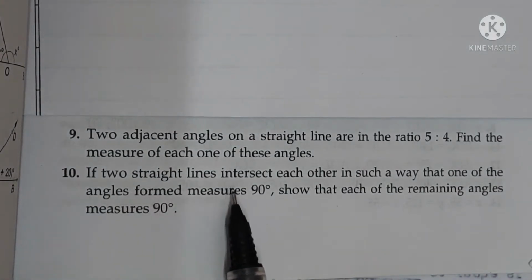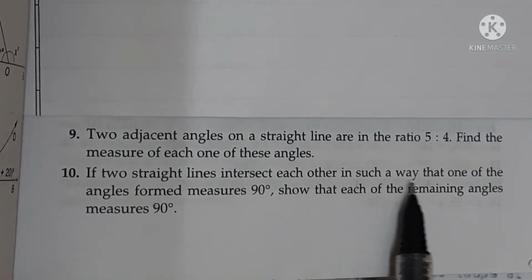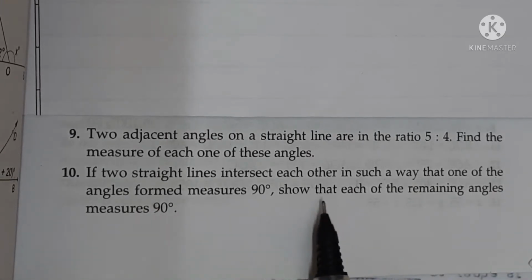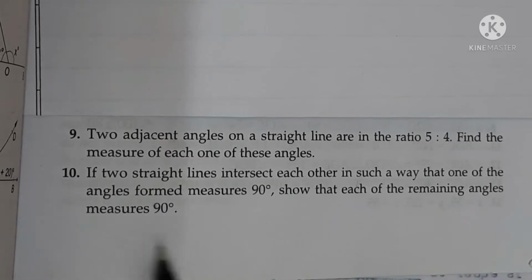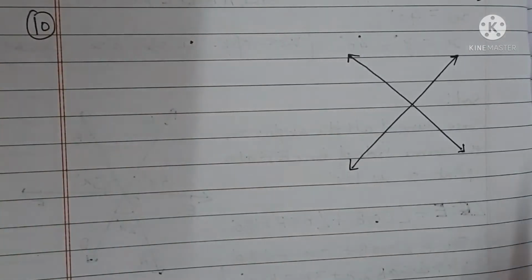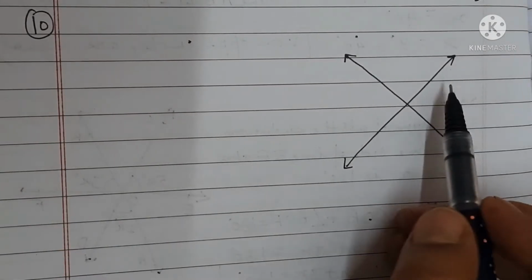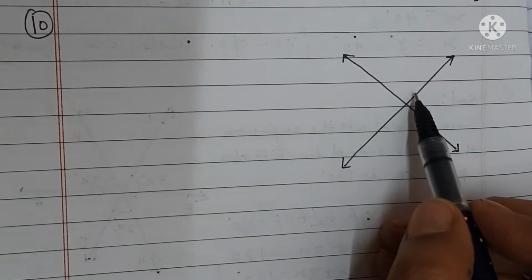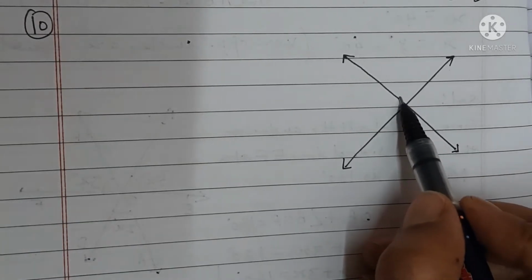If two straight lines intersect each other in such a way that one of the angles formed measures 90 degrees, show that each of the remaining angles measures 90 degrees. In this question, two straight lines intersect each other and one of the angles formed measures 90 degrees.